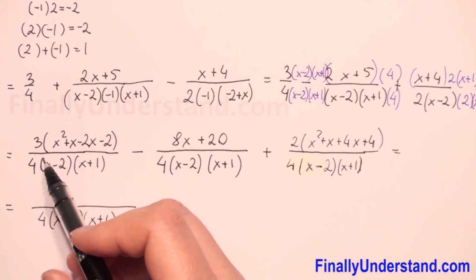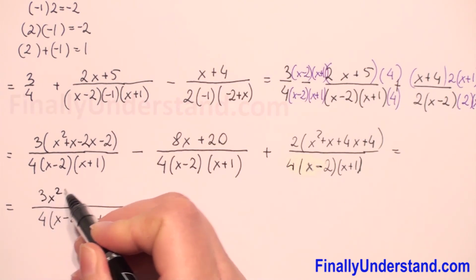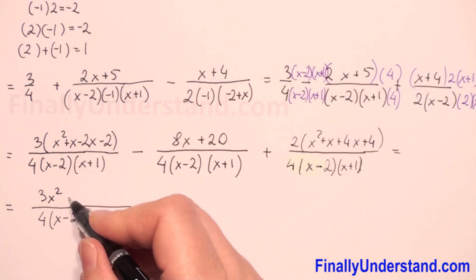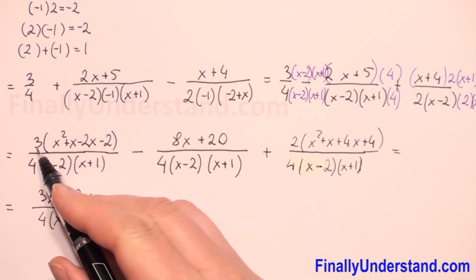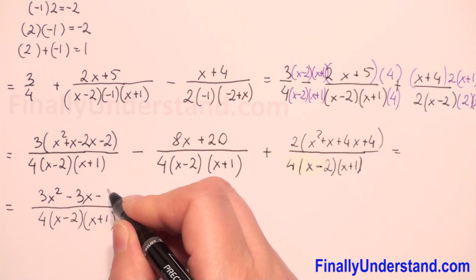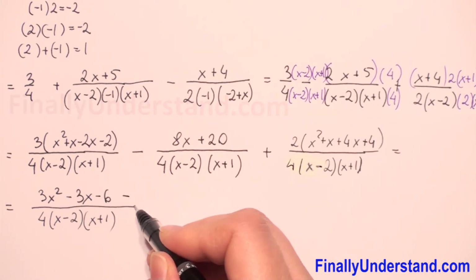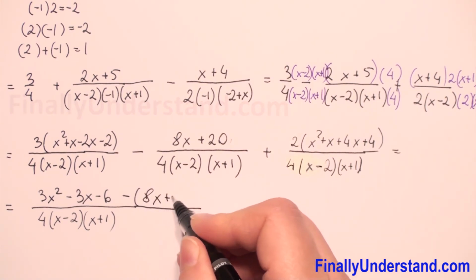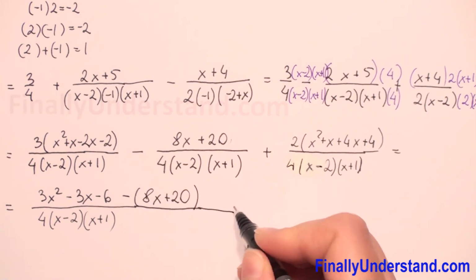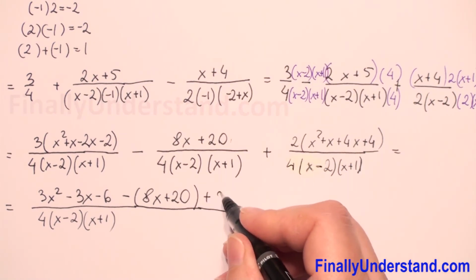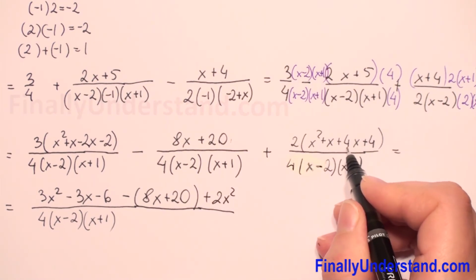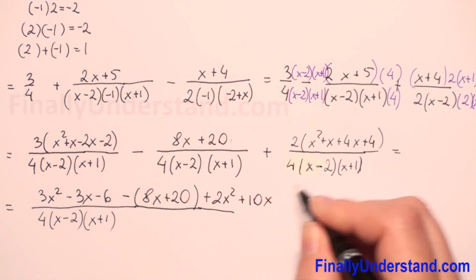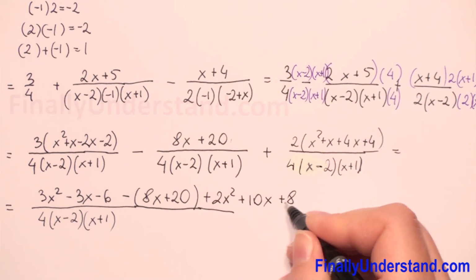So 3 times x squared is 3x squared, and we have x minus 2x, so this is negative x times 3, this is negative 3x. 3 times negative 2 is negative 6, and we have minus, so now we have to put this whole expression in parentheses, plus 20, and we have plus 2 times x squared is 2x squared, x plus 4x is 5x times 2 is 10x, and 2 times 4 is 8.